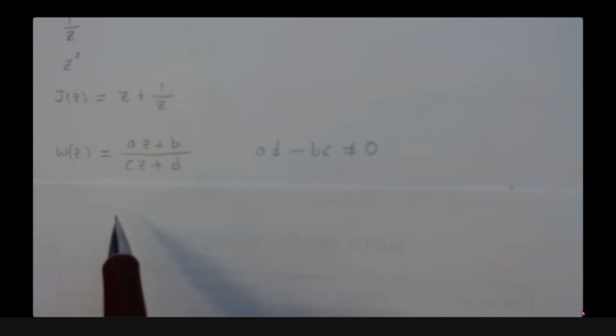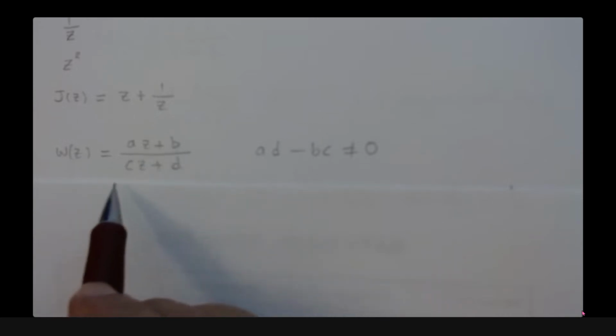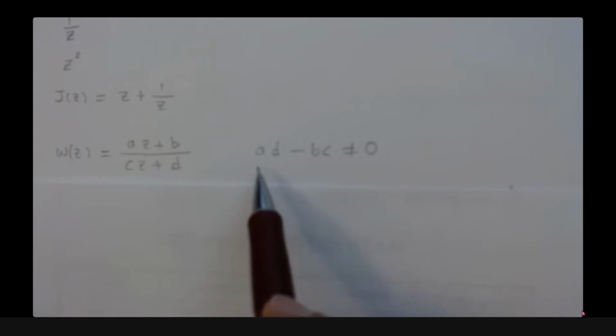Now, today, I want to talk about this linear fractional transformation. It's also called Mobius function. Whenever we deal with this, we have this condition that A times D minus B times C be non-zero.